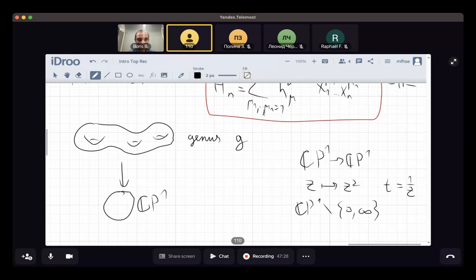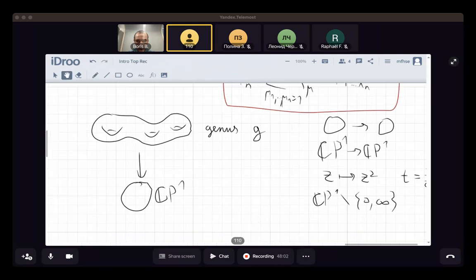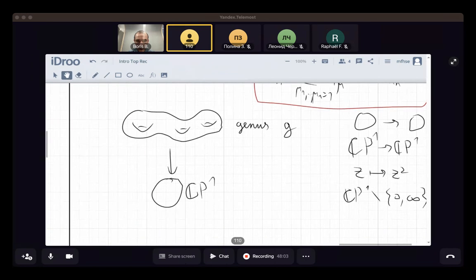Natural equivalence is that you have a homeomorphism between the 2 surfaces upstairs, between your genus G surfaces, such that the diagram commutes. Yes?